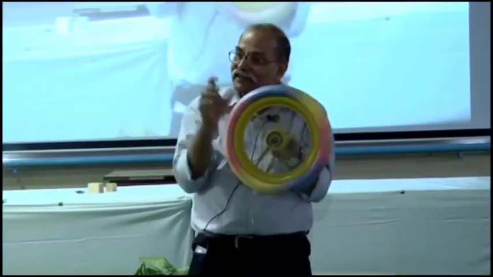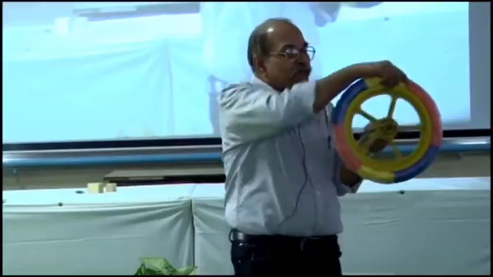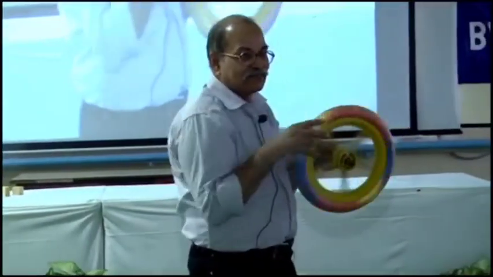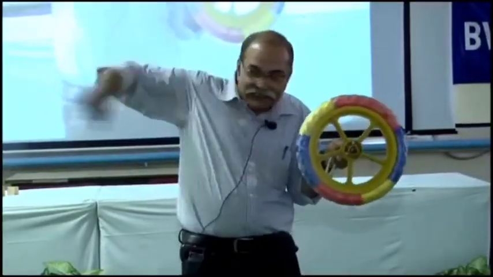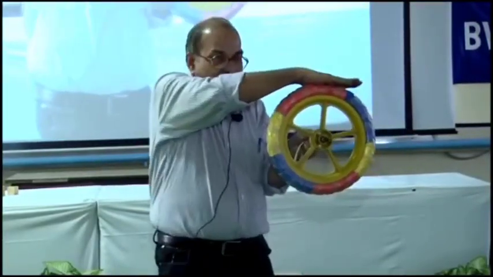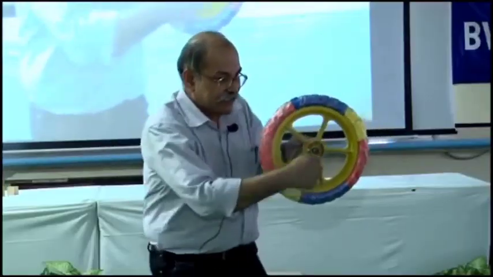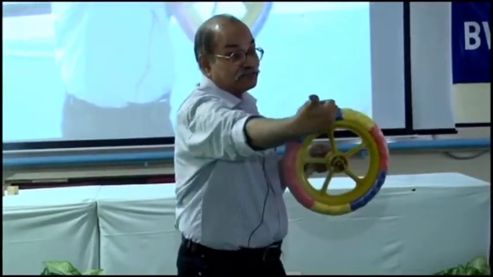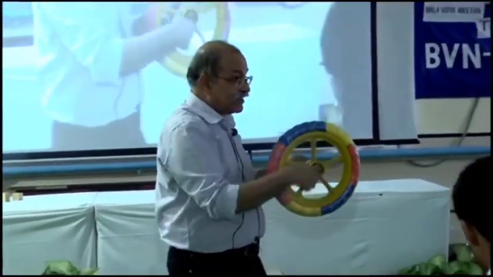Now, let's analyze that. What is the direction of that angular velocity? I had applied a force in this tangential direction. So this is F, this is R. What is R cross F? Towards you. This is the R vector.